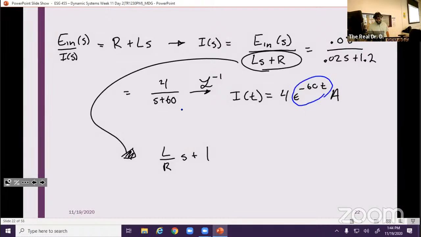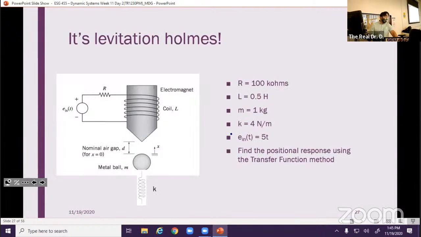All right, we'll go with the big circuit problem. Let's find it. If you watched the 9:45 lecture, we went through this one.